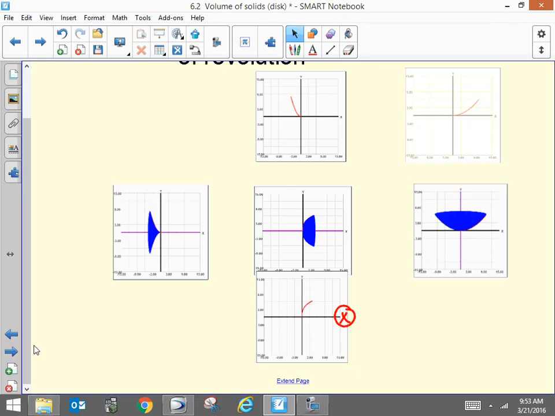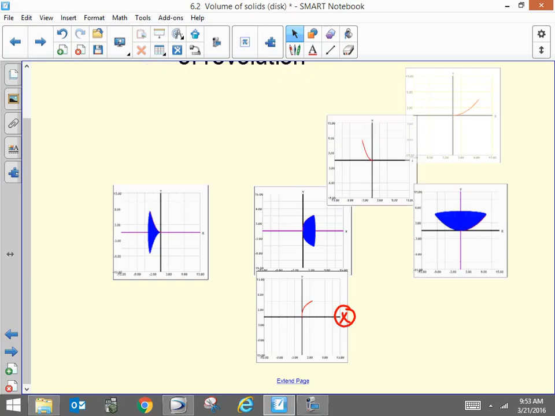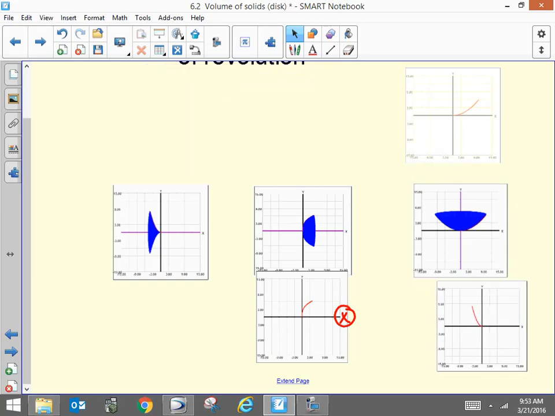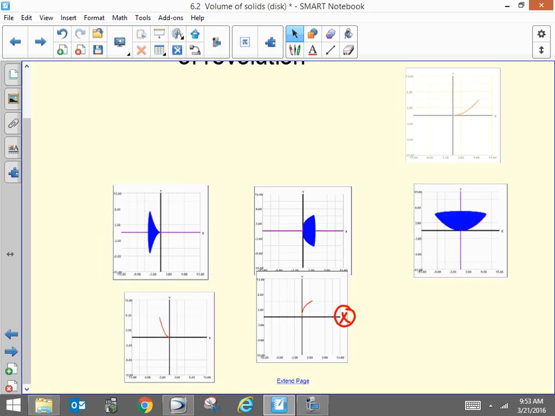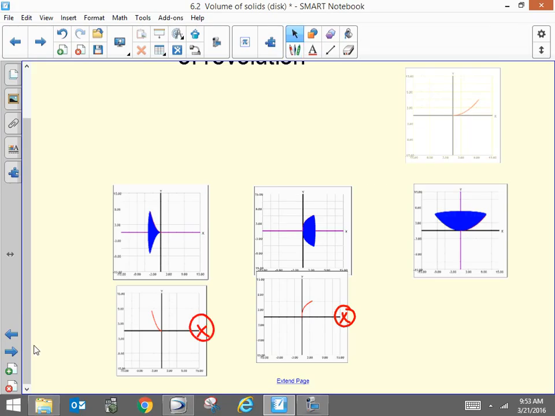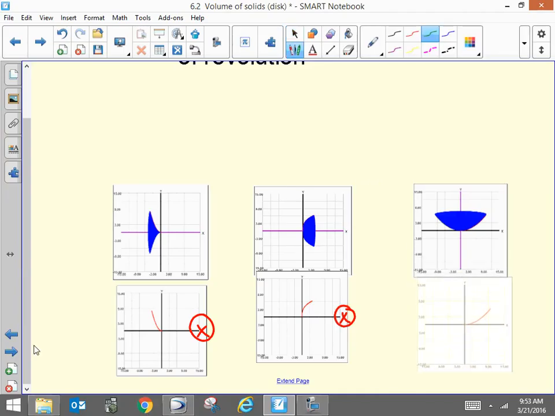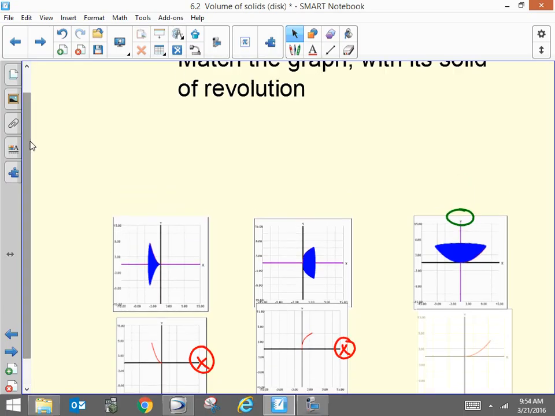What about this one? Where's that going to go? Here or here? So you're rotating it around the x-axis again. And that leaves this one. You're rotating it where this time? Upwards, around the y-axis. So we can rotate around any horizontal or vertical line. You have to pay attention to what you're going to rotate.